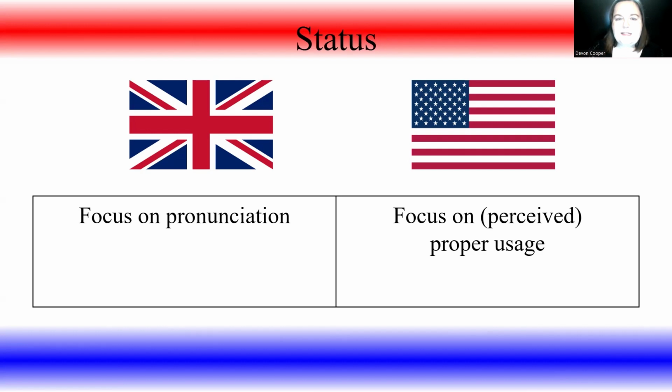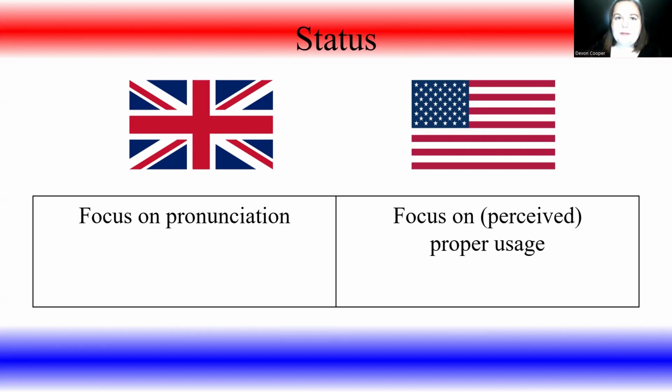And this idea was really interesting to me that in British English, there is so much very specific, very small regional variation that there's a strong focus on pronunciation. If you've ever seen the movie or the play My Fair Lady, or Pygmalion, you know that this idea of pronunciation and status is very closely linked.